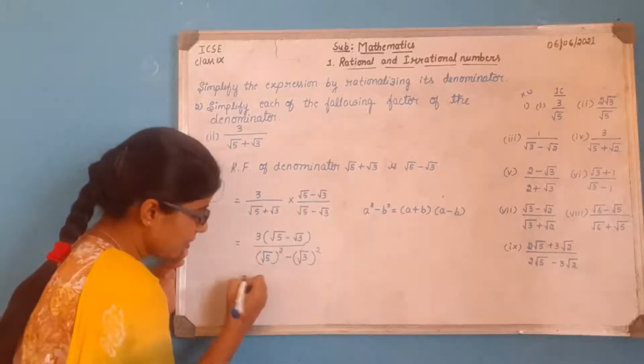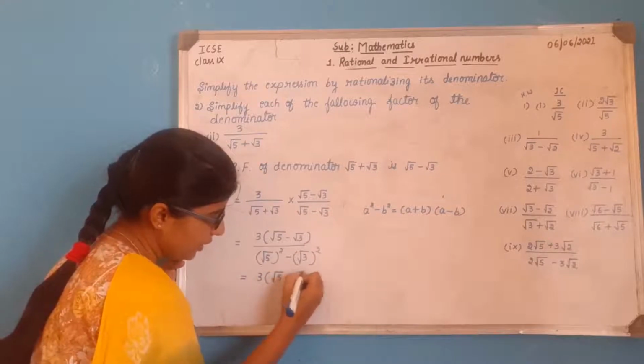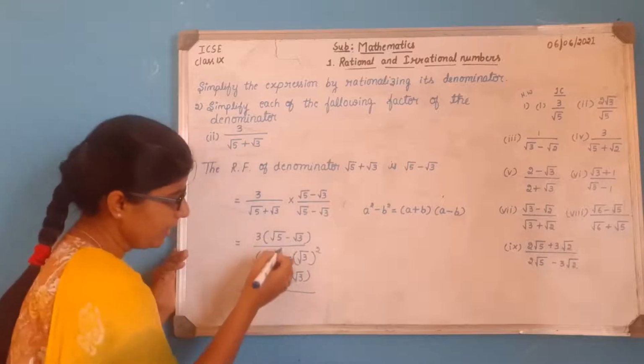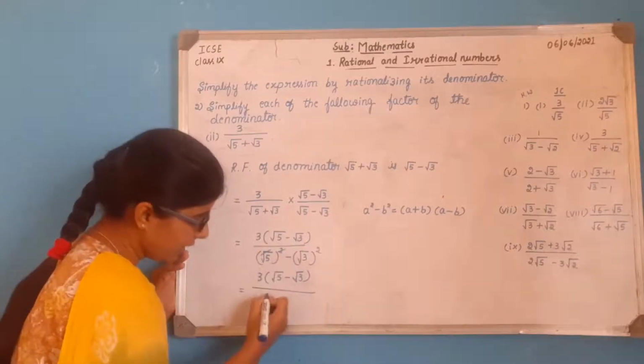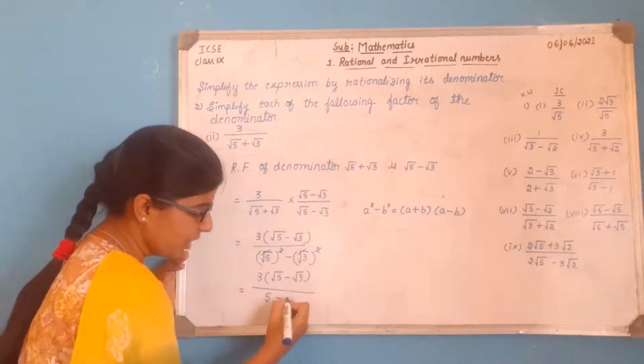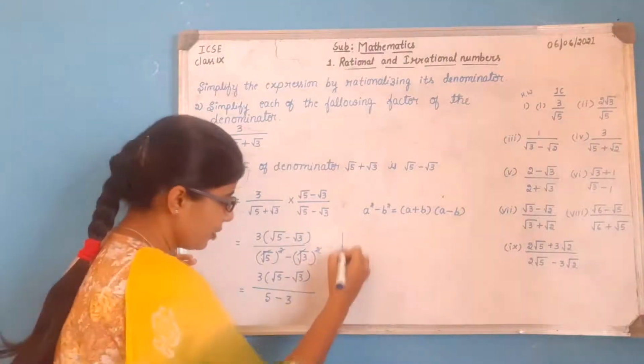Right, next step. Keep 3 into root 5 minus root 3 as it is, no changes in the numerator. Then in the denominator the square and square root will cancel, 5 remains, minus, the square and square root will cancel, 3 remains. Go for the next step.